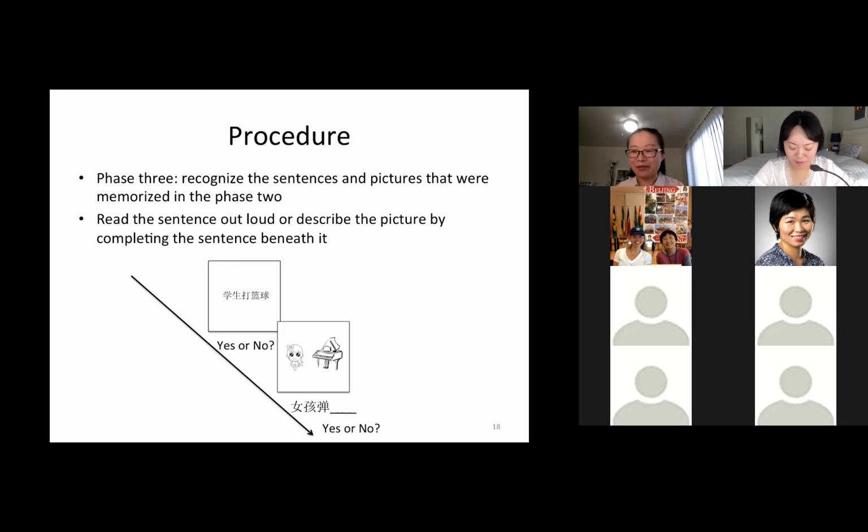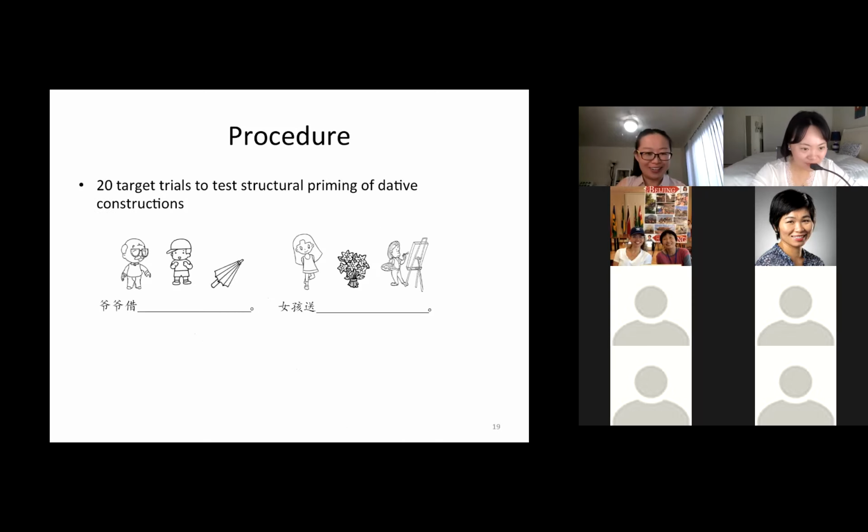For this study, we focus on dative structures, right? So they are the real trials we care about. Here they are. So we have 20 target trials. Those pictures can be described with dative constructions. It can go either PO or DO.